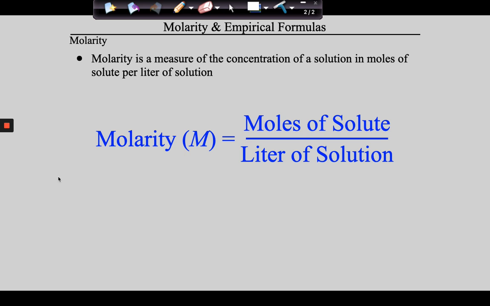What it doesn't do is make the solution bigger, and our denominator is liters of solution, so it doesn't change the volume, but it does change the mass. In AP, we talk about another way to measure concentration, and it's not called molarity, it's called molality. When we do molality, the denominator is actually the mass of the solution rather than the volume, and then it does change. Go ahead.